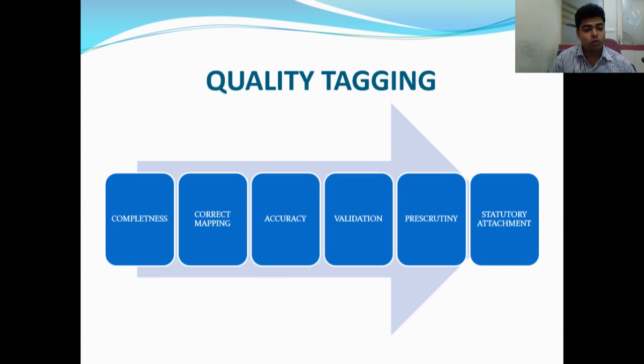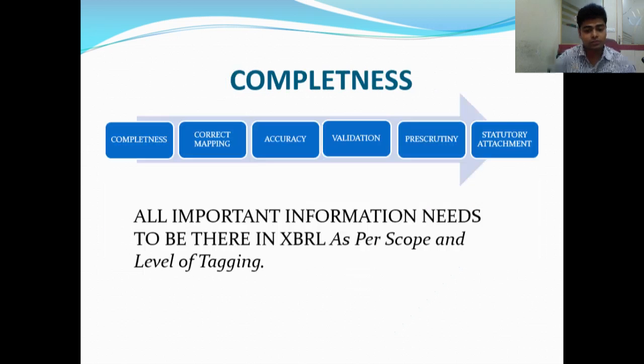For completeness, what does it mean? Whatever is given in the annual report which is covered by the scope and level of tagging and by the business rules will be tagged in XBRL. So all important information needs to be in XBRL as per the scope and level of tagging.